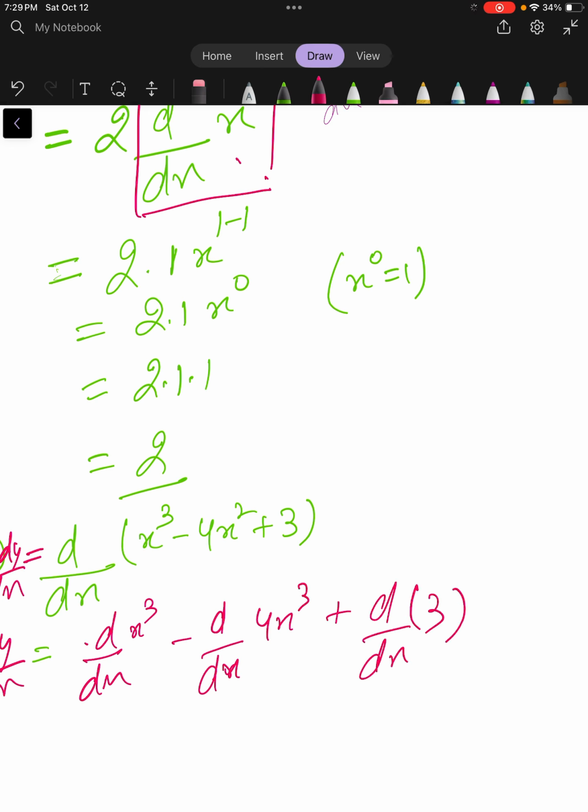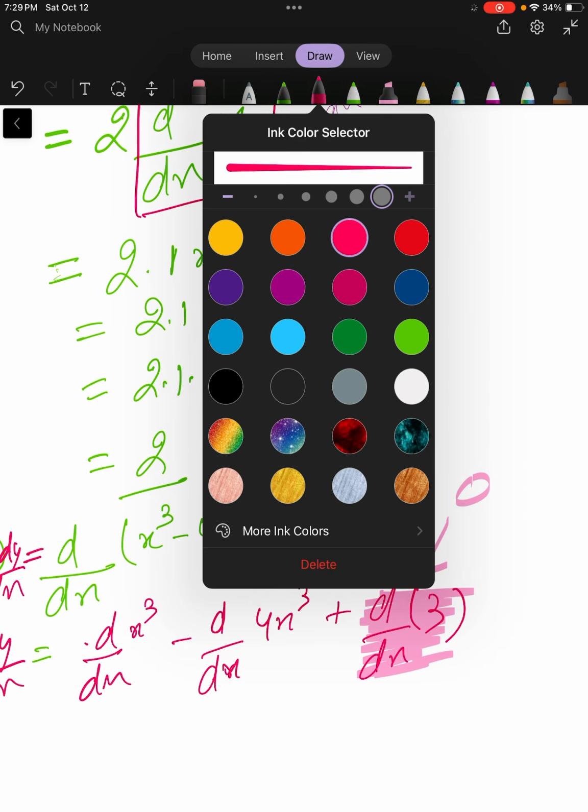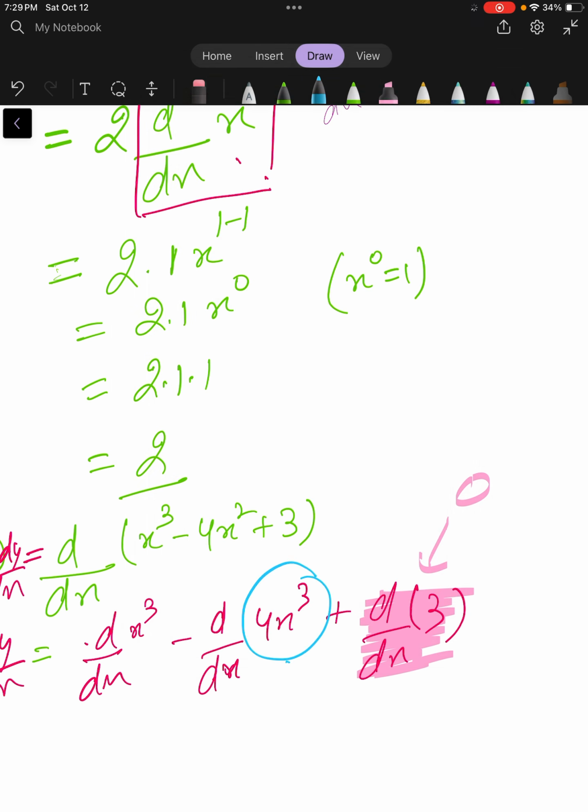See here, this last term is a constant, and we know the differentiation of a constant is 0. Then we apply the formula: the differentiation of x to the power n is n into x to the power n minus 1.